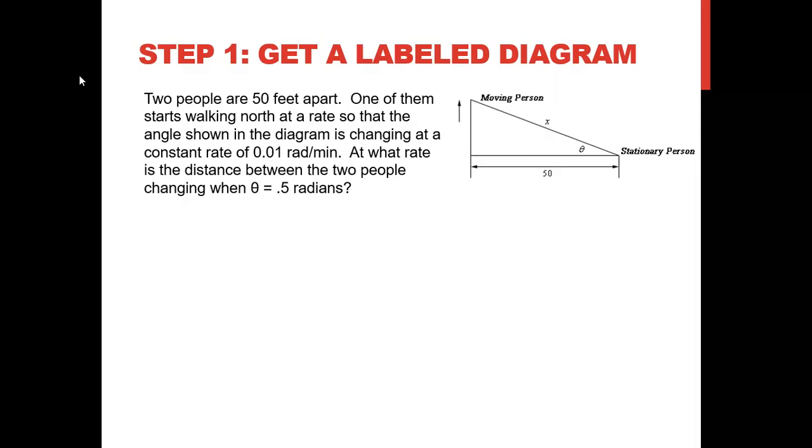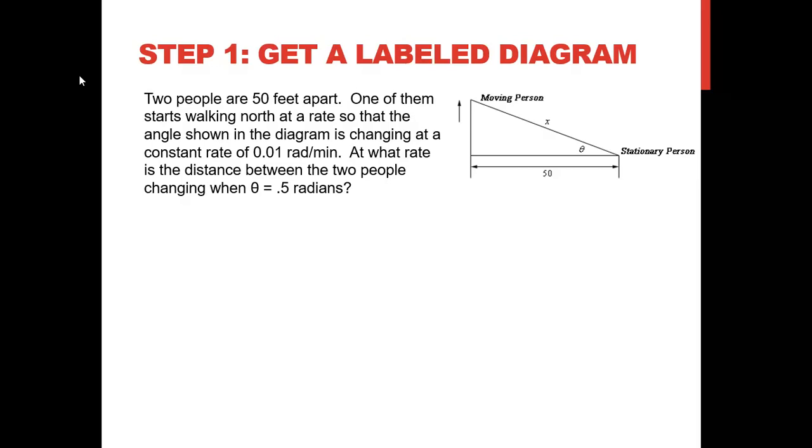So we have the stationary person and the moving person. And I think what's implied here is that the moving person is moving on a path that's perpendicular to that horizontal base of the right triangle. So it's right triangle trigonometry that we've got going on here.